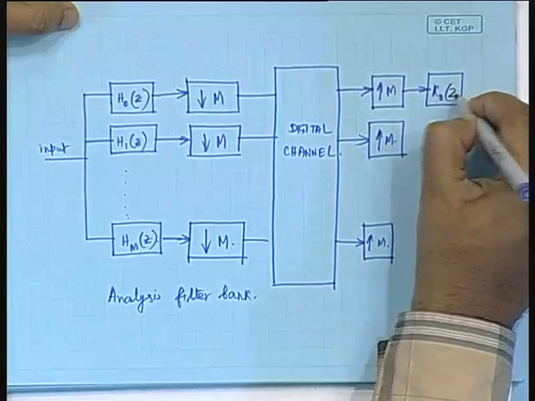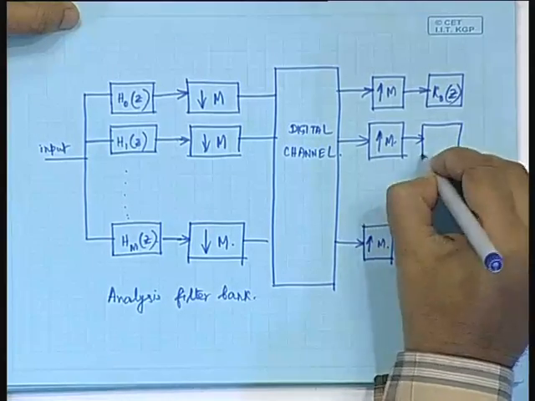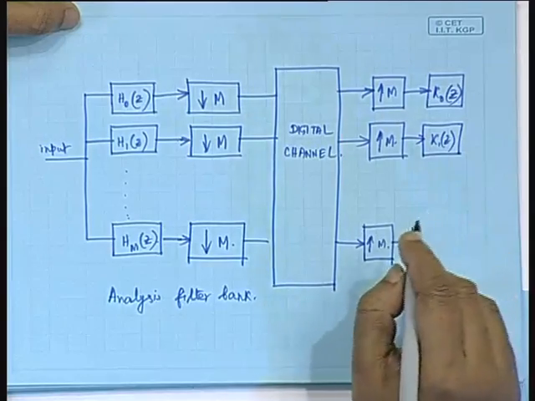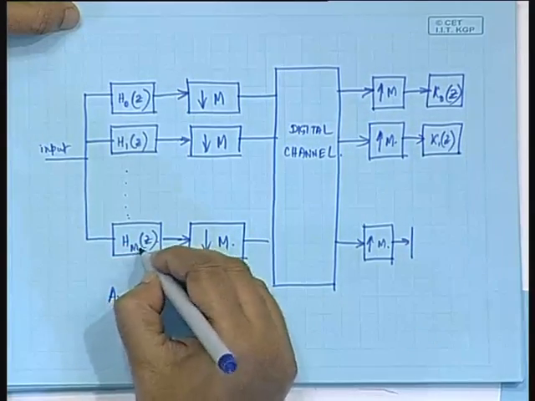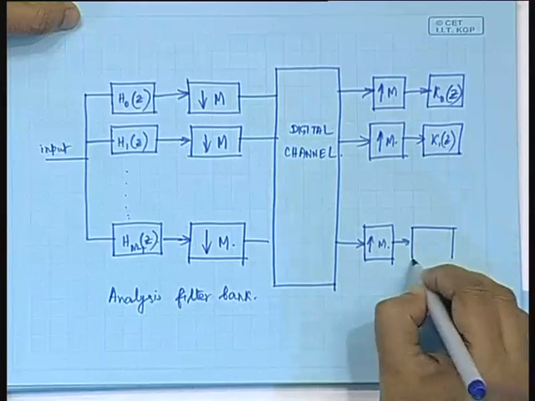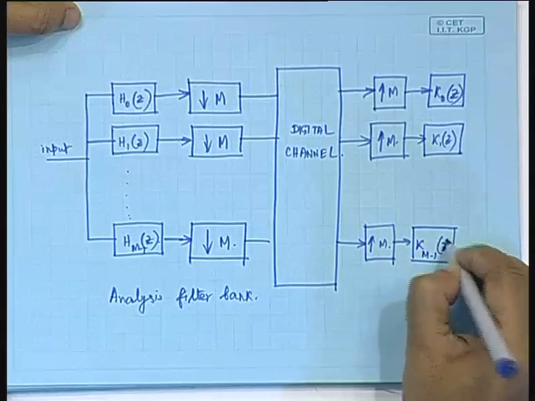So, here we should have a filter K0(z), here K1(z), and the last one will be, oh, this should be m minus 1. You did not point out this mistake to me. So, this is H m minus 1 and this is K m minus 1(z).